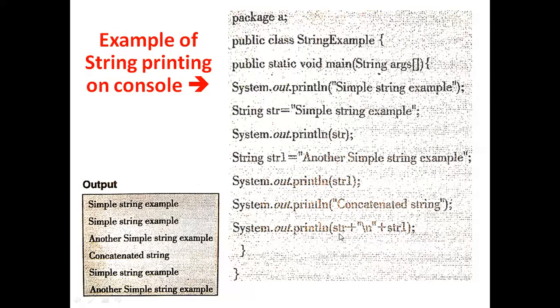Str plus \n, which is next line, plus str1. Therefore string str and another string str1 are joined together in a separate line by using \n. Therefore we can see in the output console that simple string example is written in the first line, and in another line another simple string example is written.